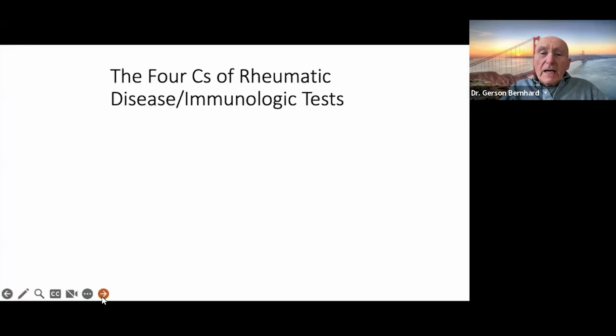So to begin with, I'd like to point out to you that there are what I call 4 C's of rheumatic disease immunologic testing. And that is, they are complex. They're not easy. And the laboratories will vary as to their consistency. And very often, the laboratories will offer you a whole panoply of tests, more than you've really asked for, so to speak. And that in itself can be confusing. You don't know what to do with all of this data.